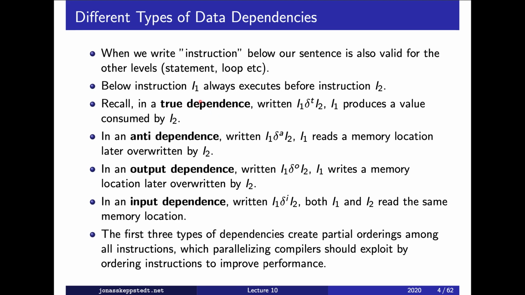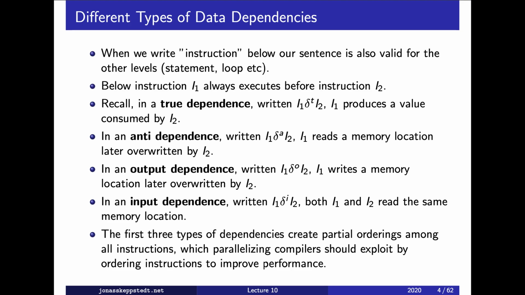So we saw true dependence. An anti-dependence is written like this, and instead of first writing and then reading, we do it the other way: first read and then write, overwriting what was read. And we should not, obviously, change the order of two such instructions.